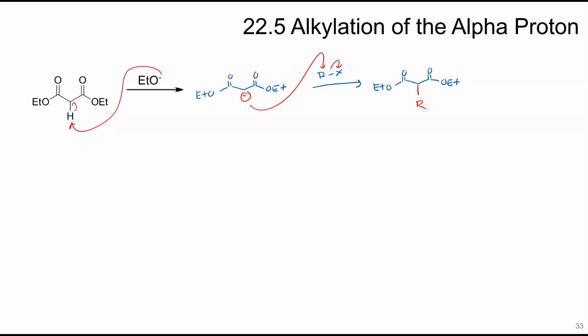And you form a new bond right there. If we add acid to this equation, we can hydrolyze those esters to carboxylic acids. And you have that bond there. So this is the malonic ester synthesis.